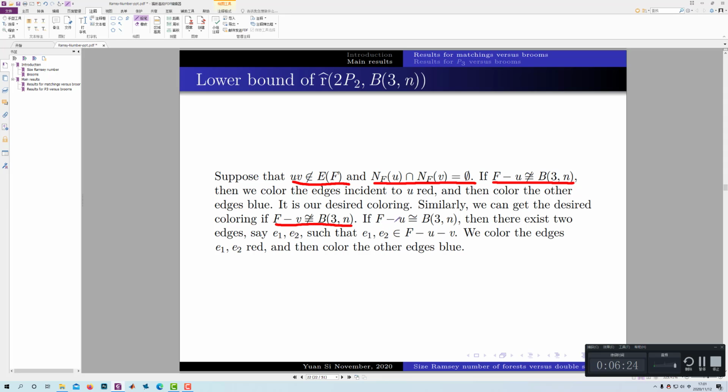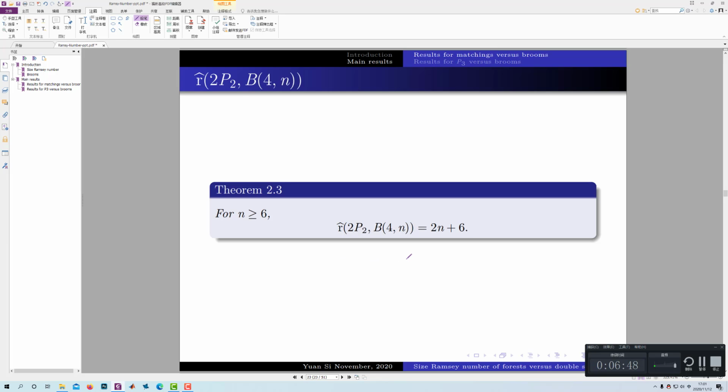So we have F minus u isomorphic to B_{3,n}, and F minus v isomorphic to B_{3,n}. So we can have two edges e1, e2 in F minus u minus v, so we can color e1, e2 red. The proof method of 2P2 versus B_{4,n} is the same as the proof method of 2P2 versus B_{3,n}, so it is skipped here.